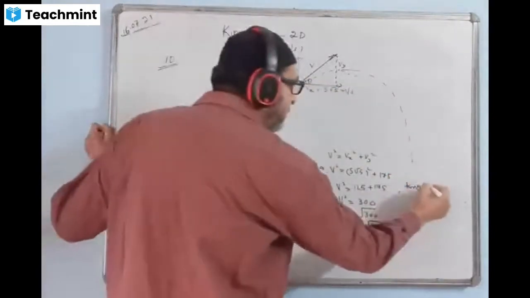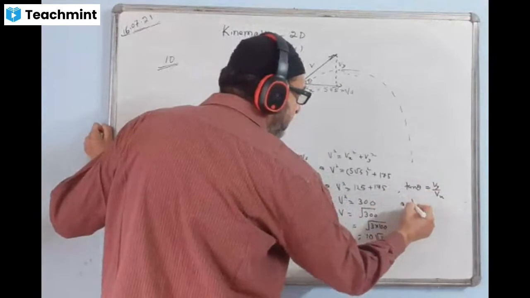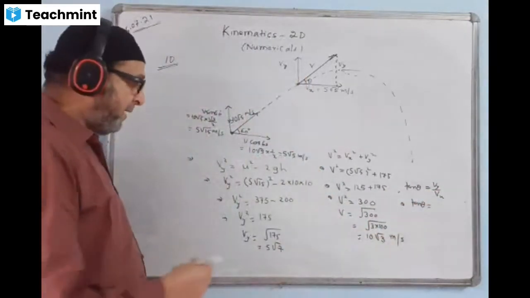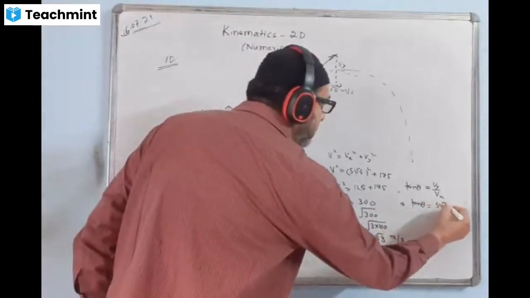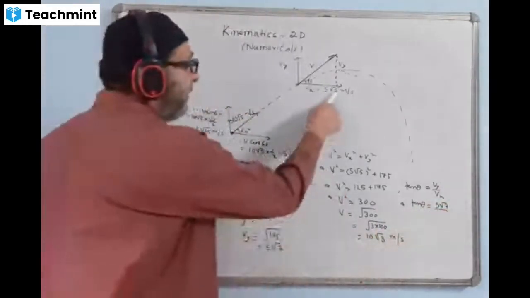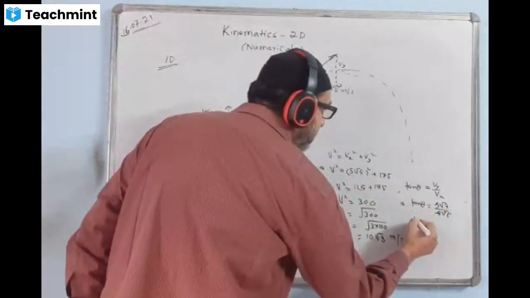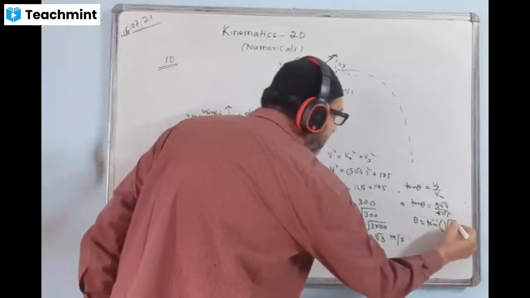Then tan theta will be equal to Vy by Vx. Tan theta value will come equal to Vy value 5 root 7 and Vx value 5 root 5. 5 will go. You get theta value is coming tan inverse of root 7 by 5.